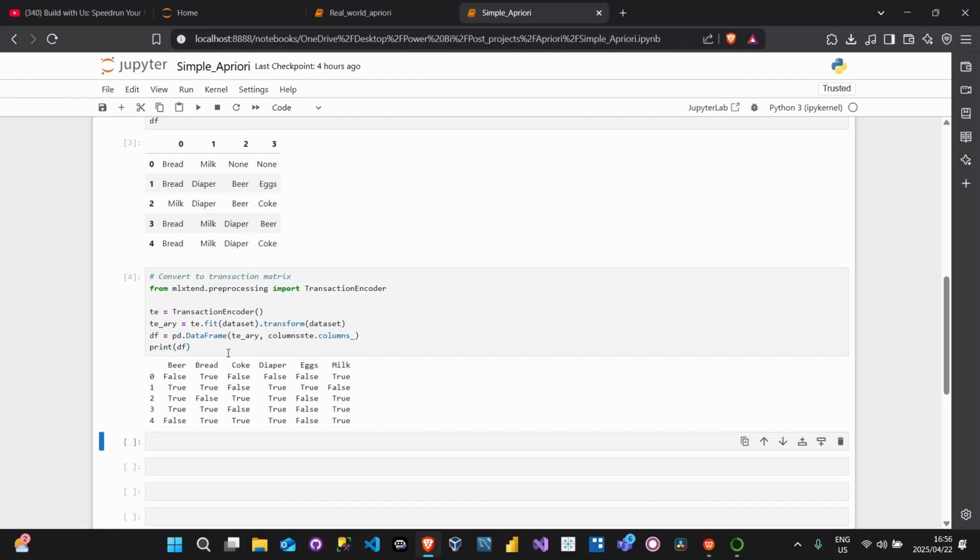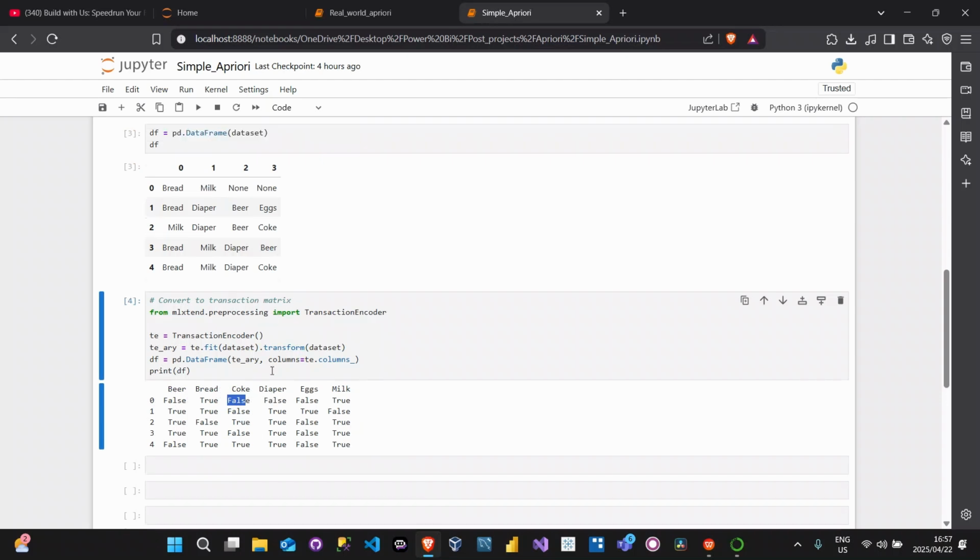Here we can now see the transformation that has been done by this function. We have taken all the products within the dataset and put them as the columns, as you can see. Then for each transaction, corresponding to what we had initially in index 0 of our dataset, you can see for beer we have false, true, false, true.